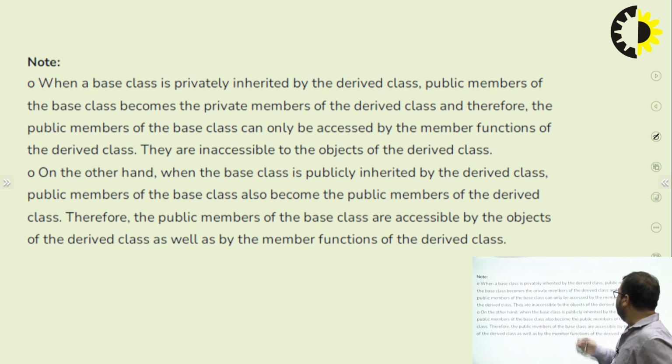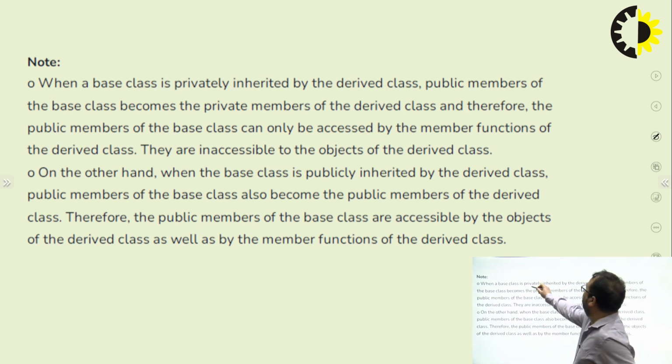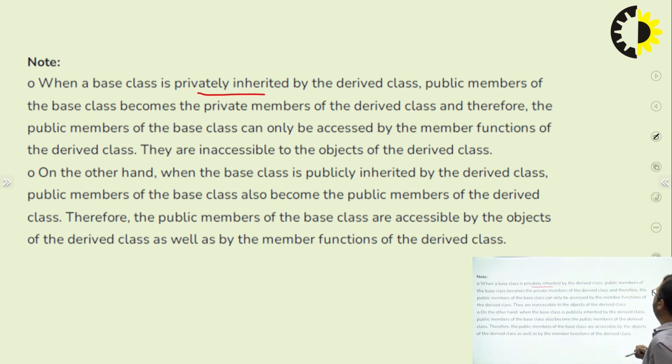There is an important point to note down. When a base class is privately inherited by the derived class, the public members of the base class become private members of the derived class. Therefore they can only be accessed by the member functions of the derived class; they are inaccessible to the object of the derived class.